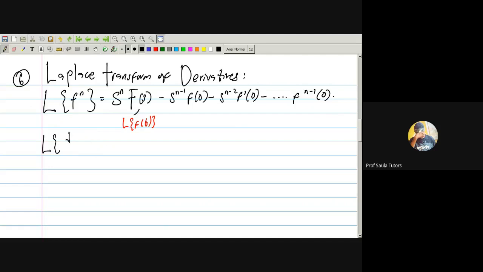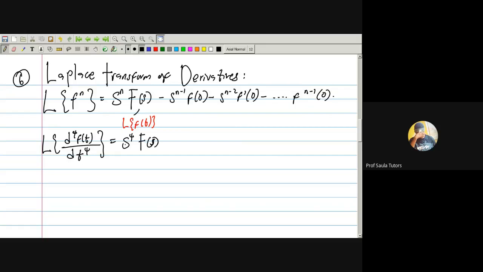You want to find d^4 f of t all over dt to the power of 4. Now, this is the fourth derivative. So how do we do it? Firstly, you bring this power first, s raised to power 4, and you just find the Laplace transform, that's F of s. That's the first thing. Are we together?